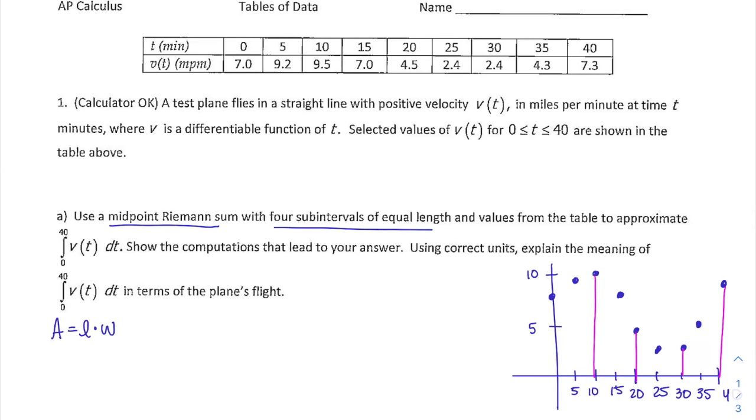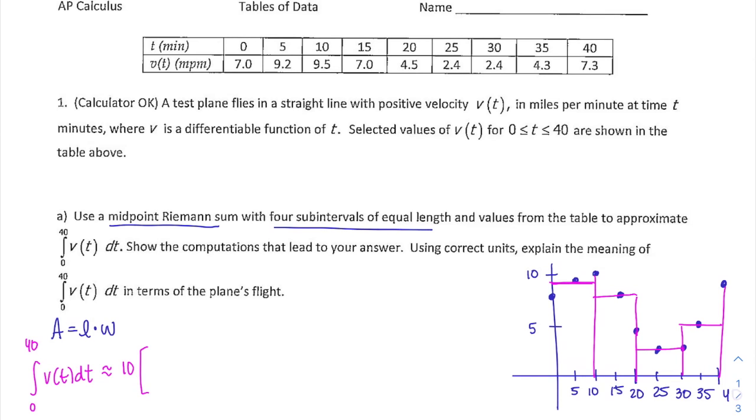The fact that we're using midpoint means that we're going to use the midpoint value for the height of our rectangles. So I'm just drawing in my rectangles. So I want to find the sum of the areas of those 4 rectangles. So here's what it's going to look like. The integral from 0 to 40 of v of t dt is approximately, they each have the same width of 10.